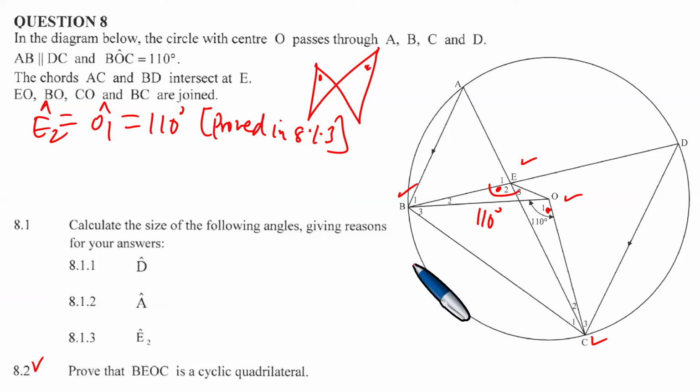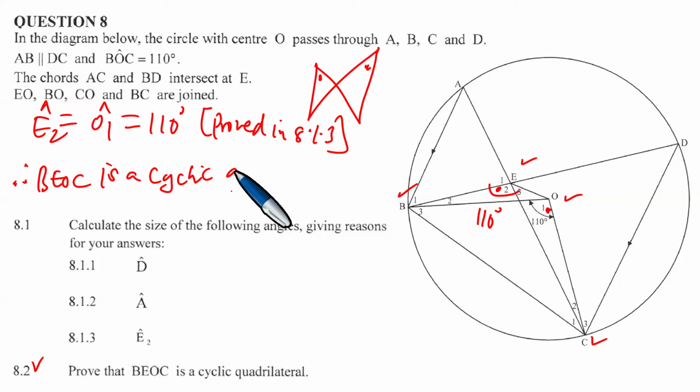And this means that we can say, therefore, BEOC is a cyclic quadrilateral. Why is it a cyclic quadrilateral?